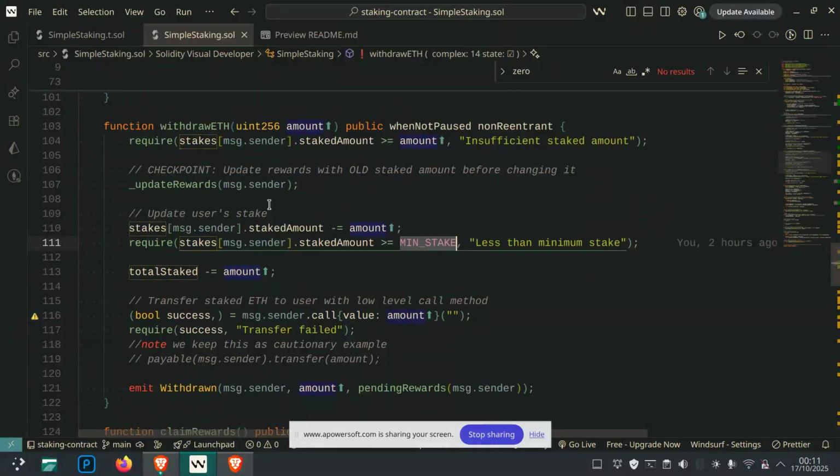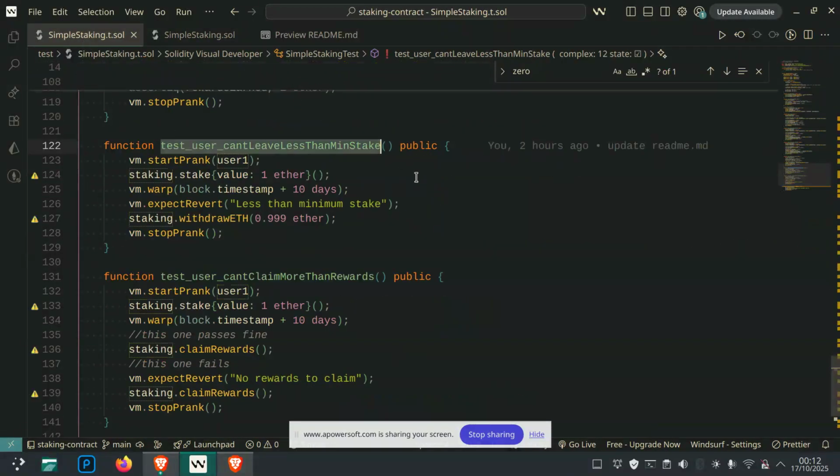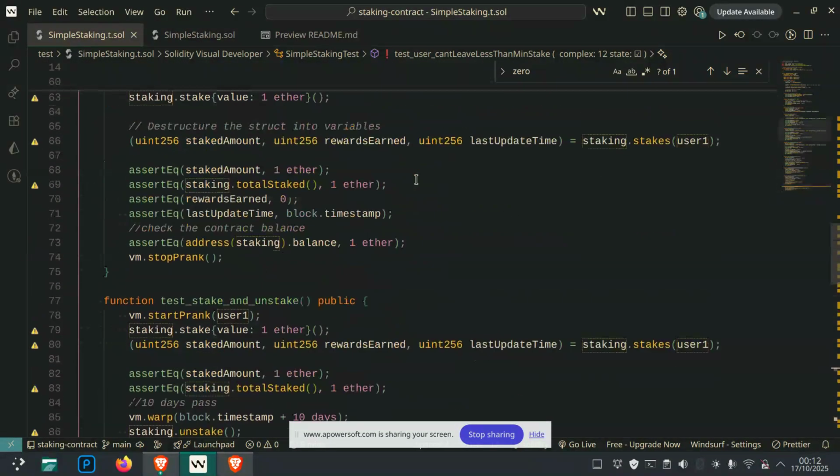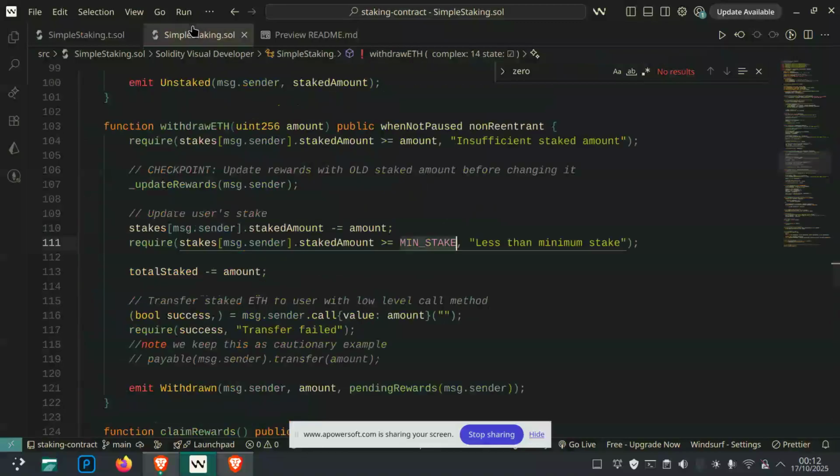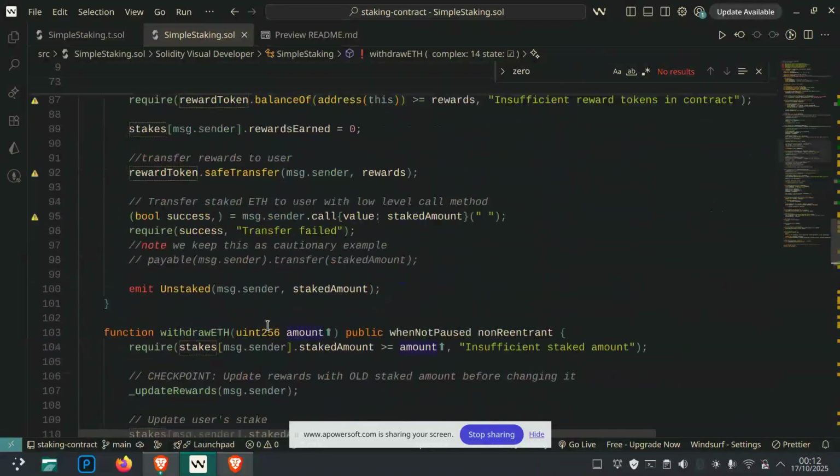We don't want that. So here we put this check: when the users are withdrawing, they should leave at least 0.01 ether amount of stake in their position. So yeah, that's it. I know it was fast, but that was the idea.